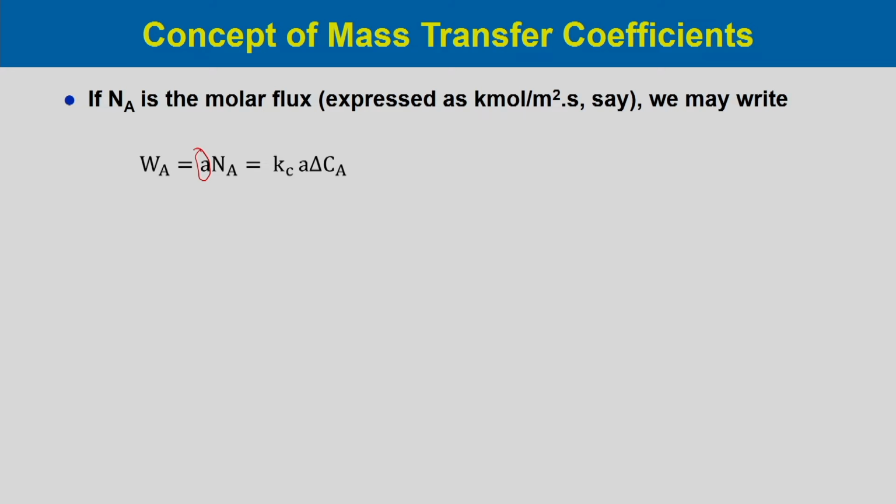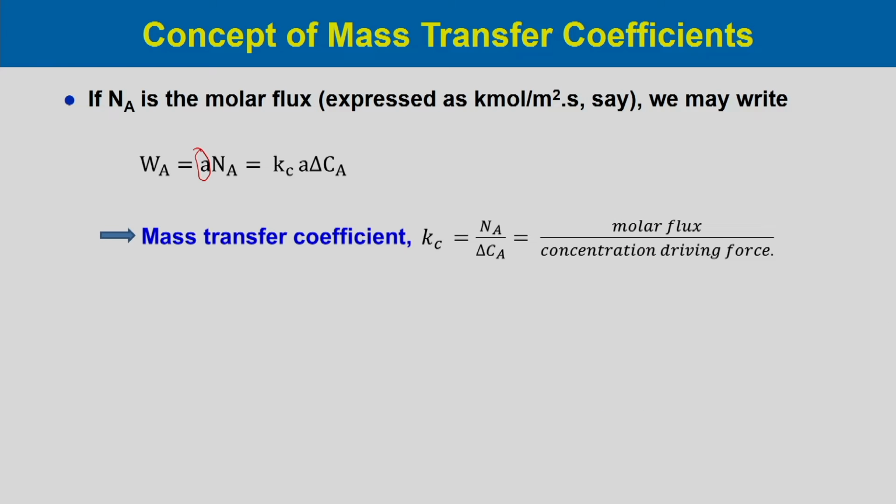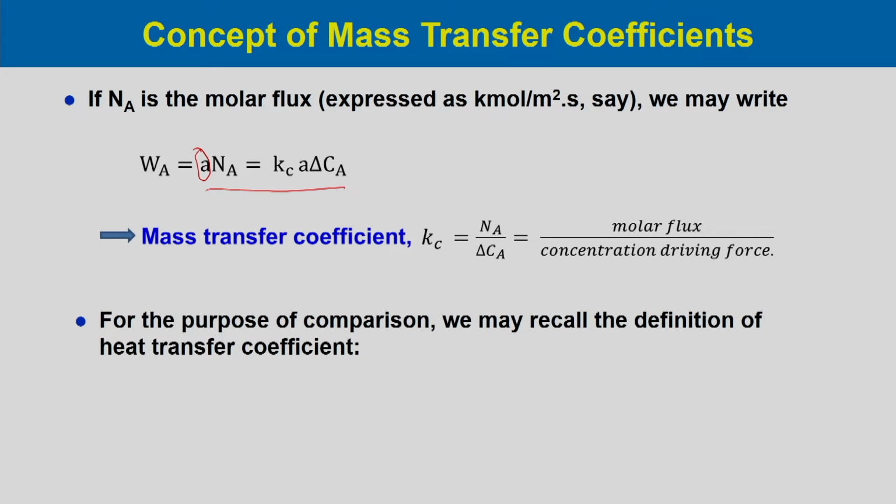Then if we substitute, it would be Kc A delta CA, and from this we can write the mass transfer coefficient Kc would be equal to NA by delta CA, that means the molar flux divided by the concentration driving force.